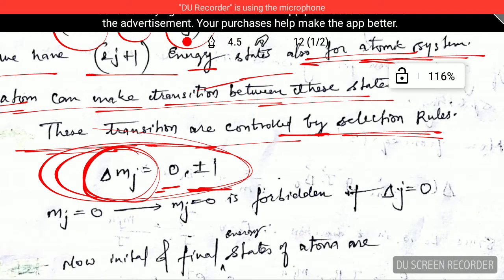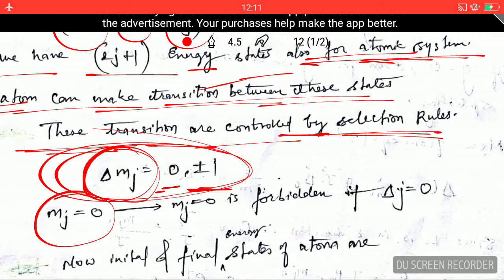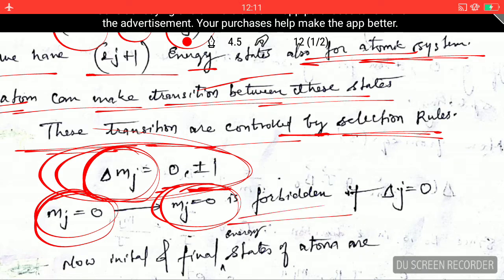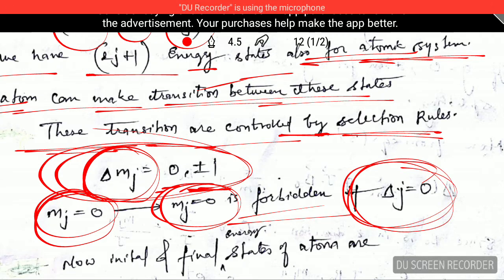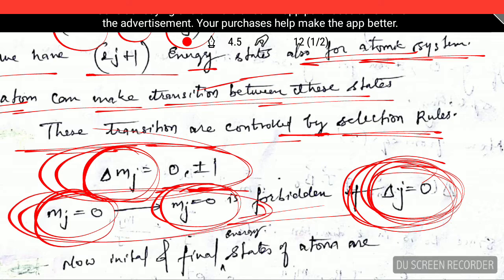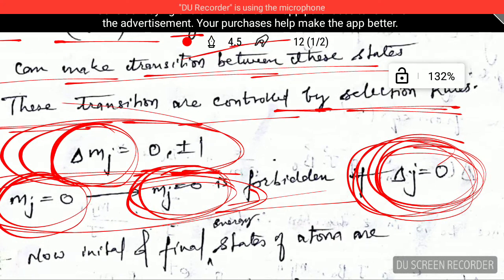There is also an important point to note: the transition from mj equals 0 to mj equals 0 is forbidden if delta j equals 0 between the two states. If delta j is 0 for two states, then there won't be any transition between mj equals 0 and mj equals 0. This is an important point for you to know.